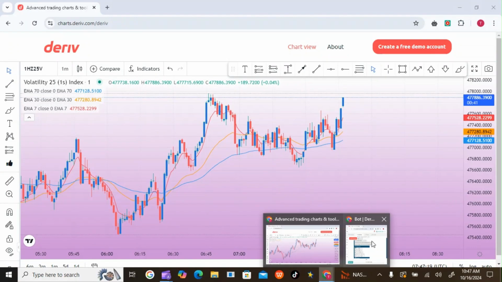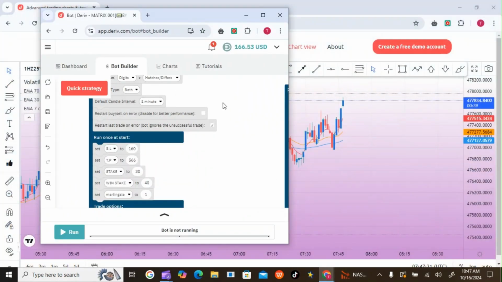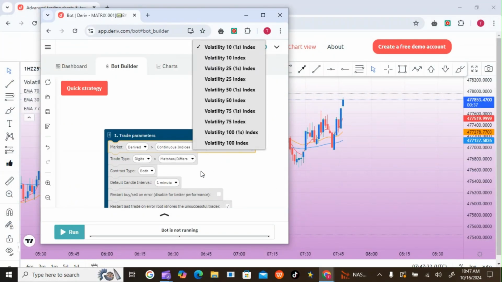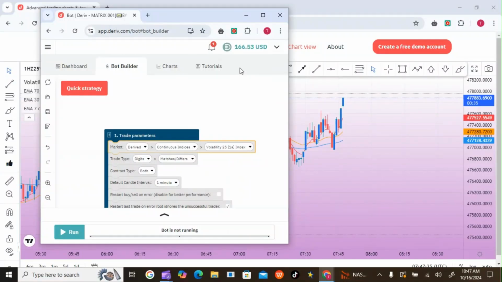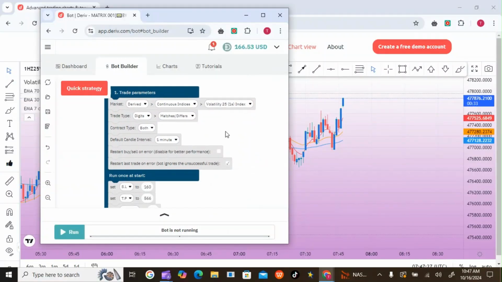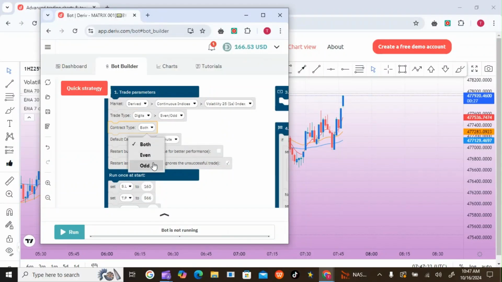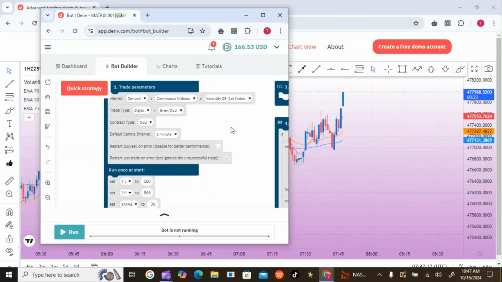Go to your trading board and then set everything. You can see that one is volatility 25 1s, and for the digits we are trading the even odd. Then we will choose either the odd or the even.